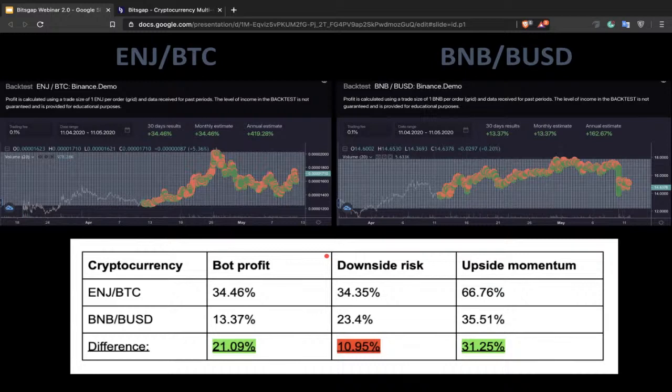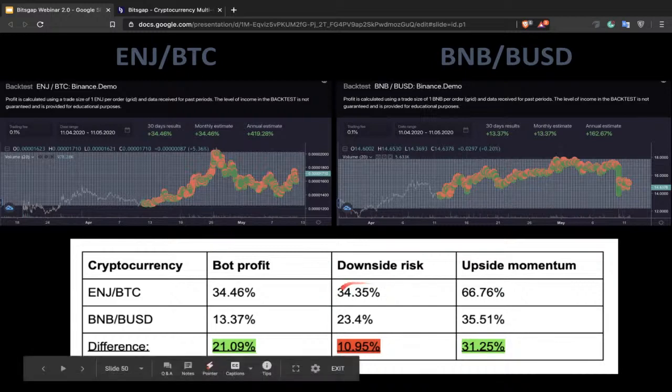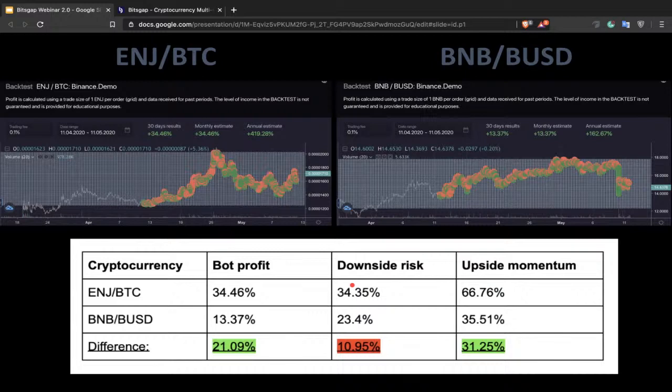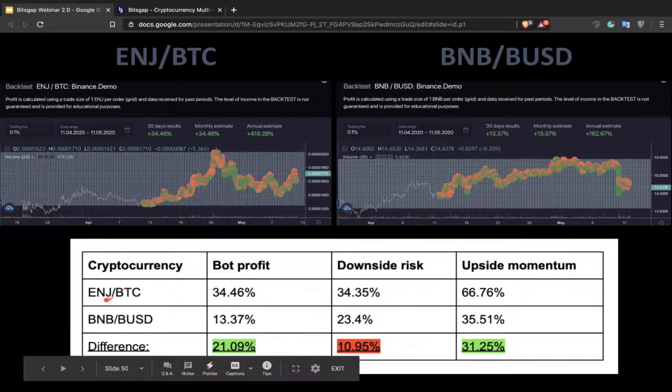So basically you take into account a return to risk ratio. So if you are ready to take this risk of 34%, so if you are ready to see your investment change, to see the base currency drop by 34%, then NG could be an option for you, because it has generated this quite impressive bot profit return for 1 month.